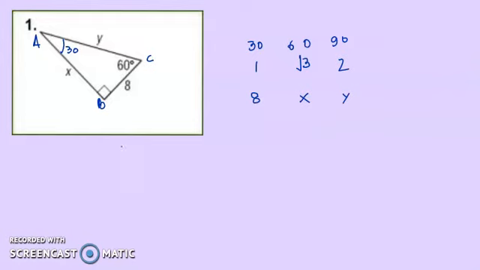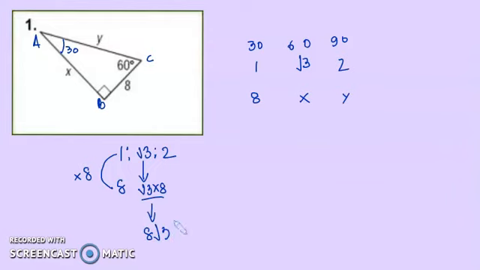As we know, the ratio is 1 is to root 3 is to 2, and 1 corresponds to 8, as you can see here. That is, it is 8 times. 1 times 8 is 8. So X will also be 8 times root 3, or we can write it as 8 root 3.